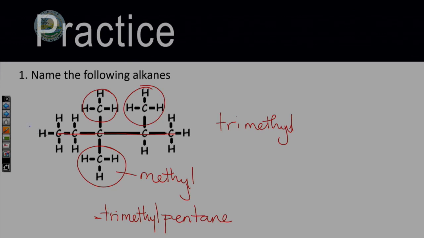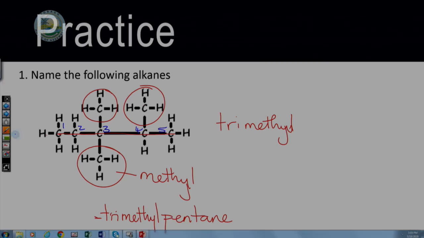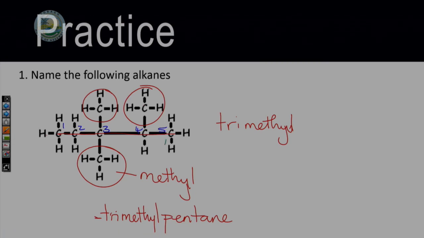I'm going to start to count from this end: 1, 2, 3, 4, and 5. Let's check our next direction. Let's count from here: 1, 2, 3, 4, and 5.